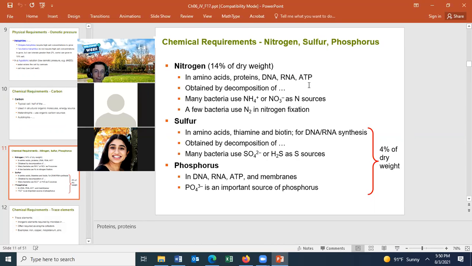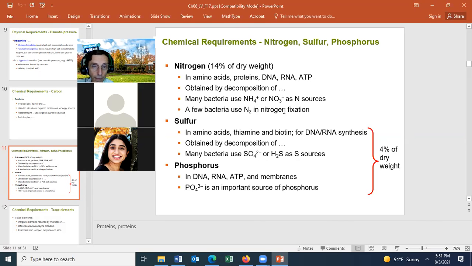Many cells can obtain their nitrogen needs from decomposing proteins or possibly decomposing amino acids. But many bacteria can get their nitrogen from a nitrogen compound like ammonia or ammonium, nitrate, or other nitrogen sources.